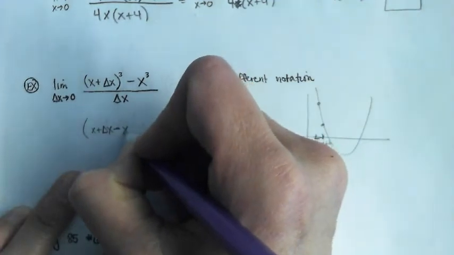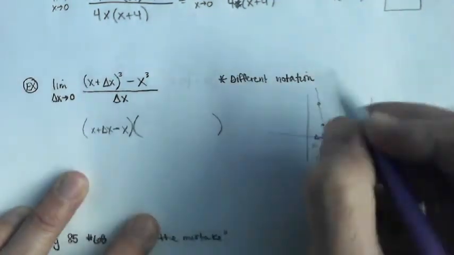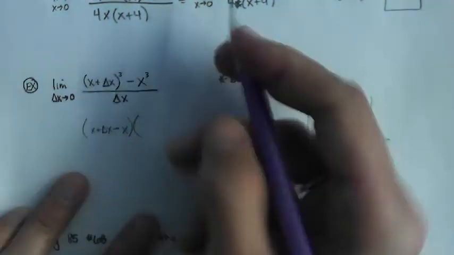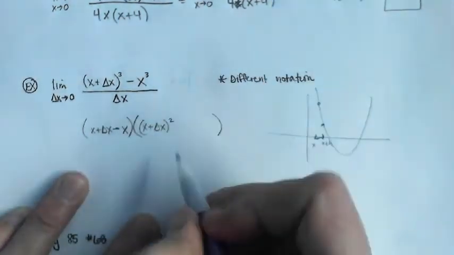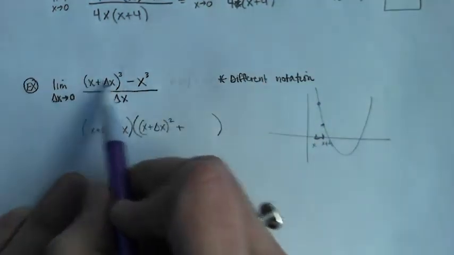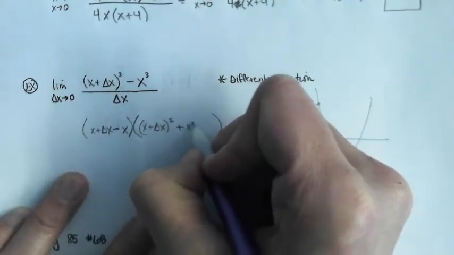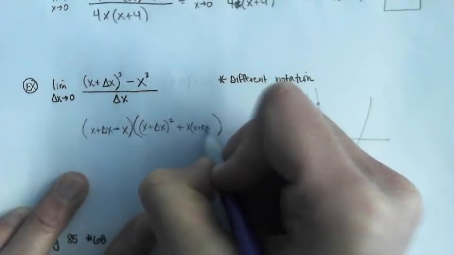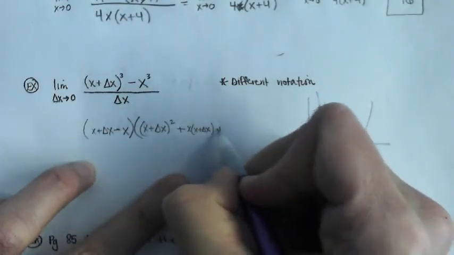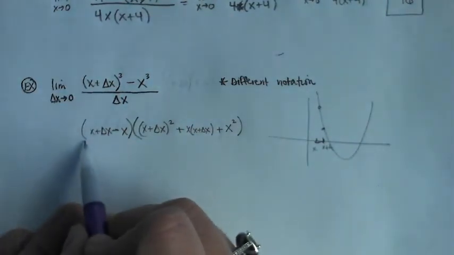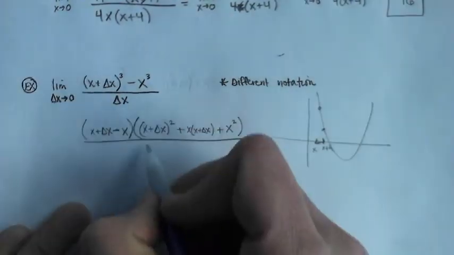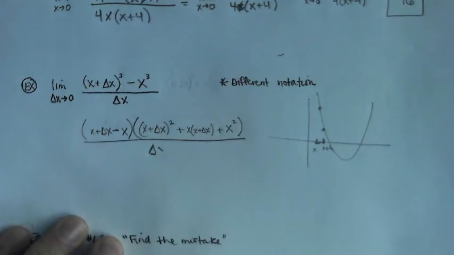X. Then my trinomial consists of this squared plus the product of this and x plus x squared, all over change in x.